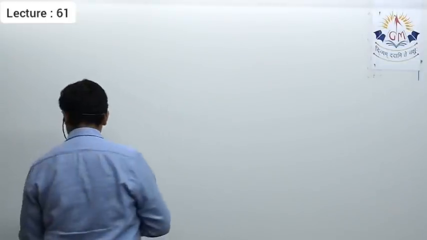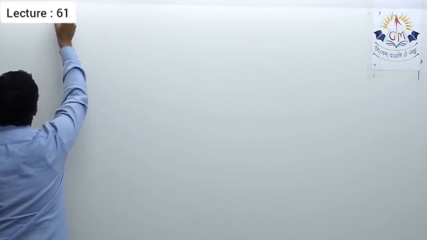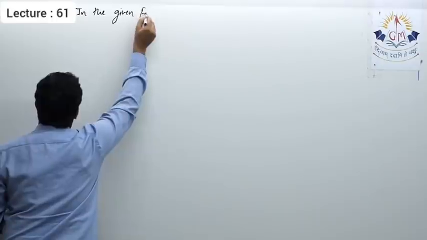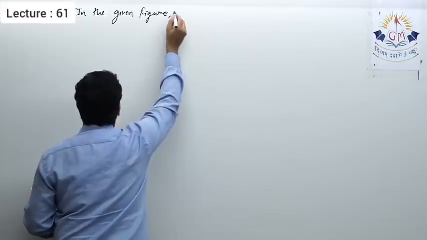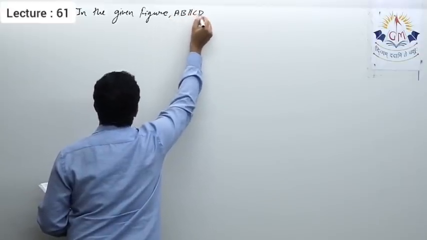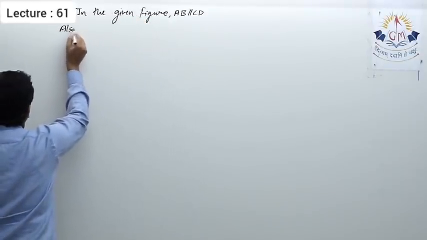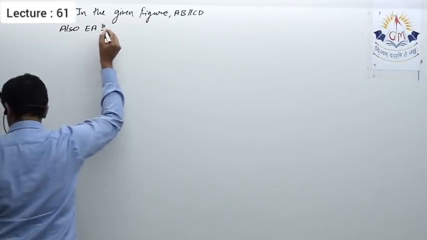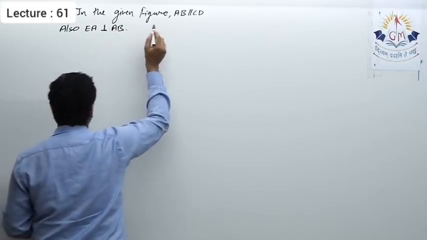Okay, now let us see the next question. In the given figure, the figure is given in the question. In the given figure, AB is parallel to CD, also EA is perpendicular to AB.